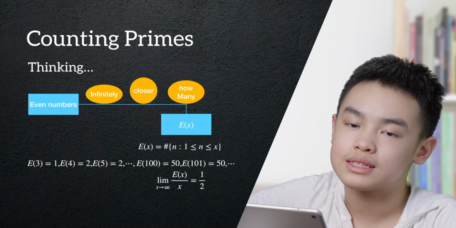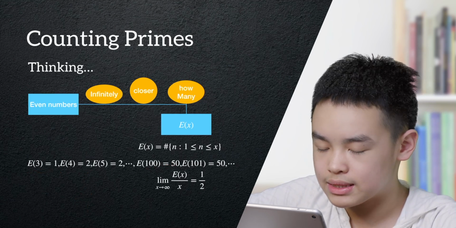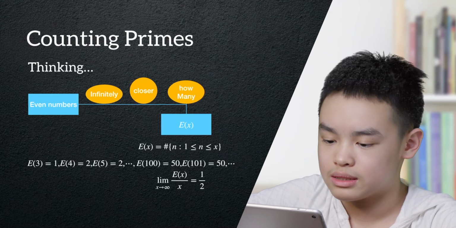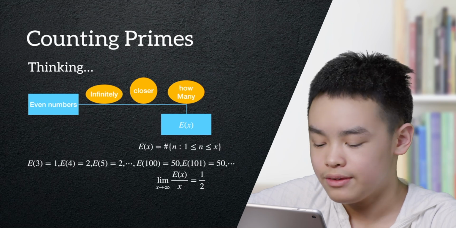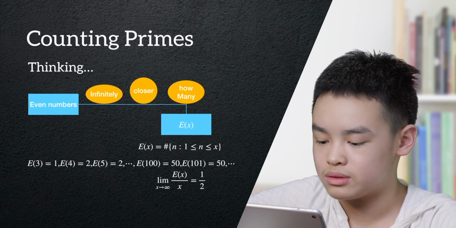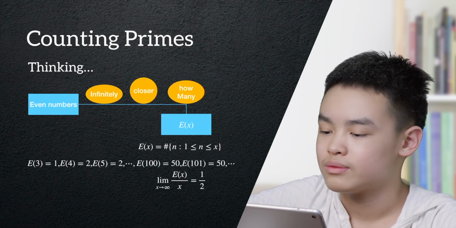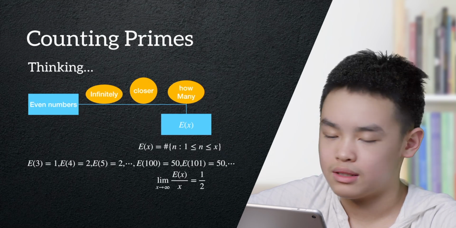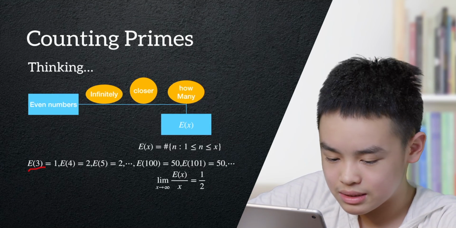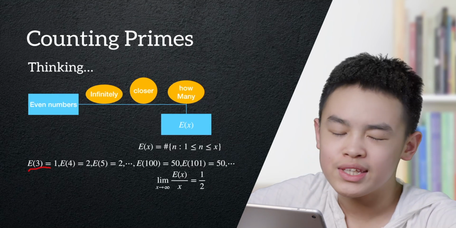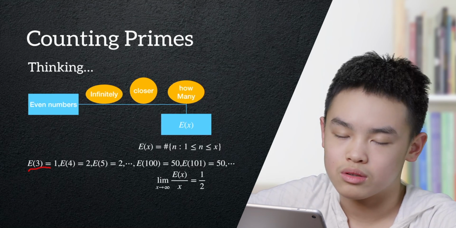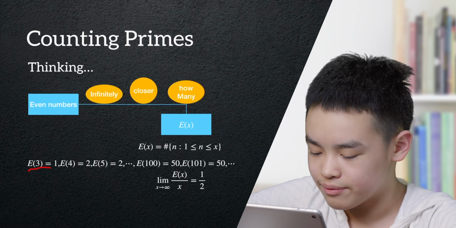But what we can say is that when x is close to infinity, then E(x) over x will be close to 1 over 2. And that's probably right, because 50 over 101 is way closer to 1/2 than 1 over 3, isn't it?